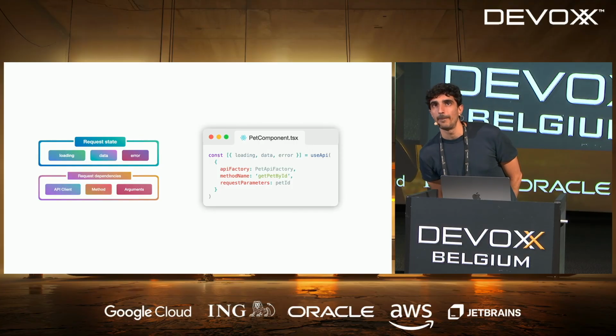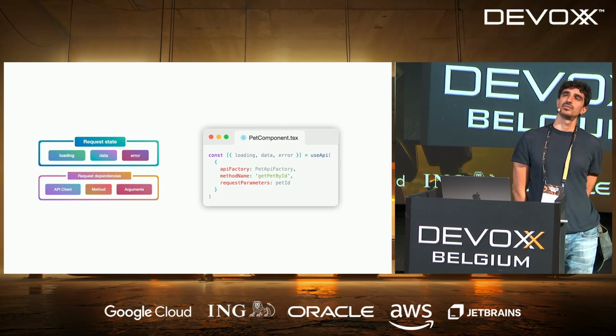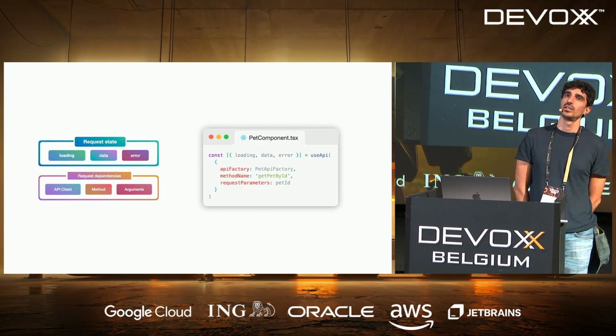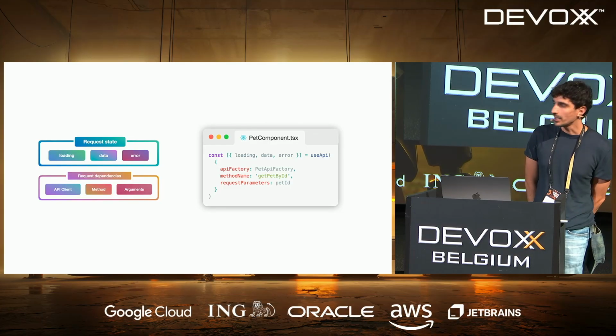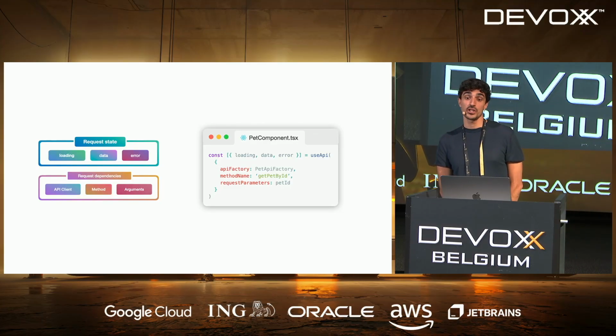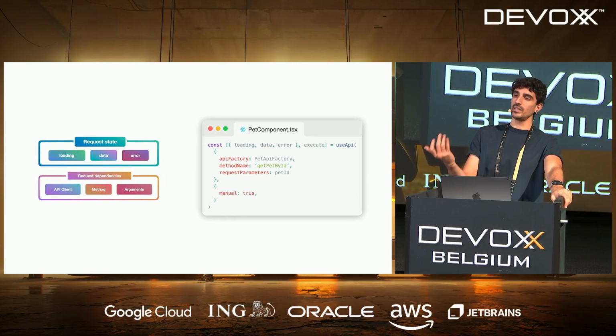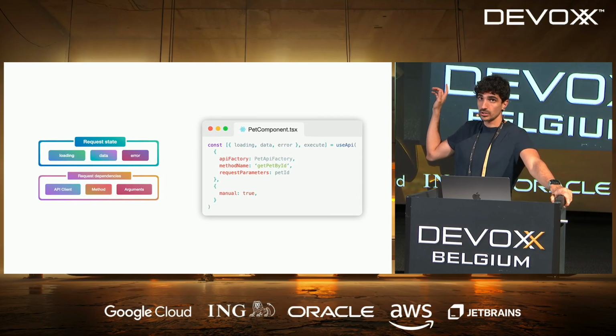Now, do you see any disadvantage in this approach? Well, I see one, which is the fact that at this stage, we don't have the possibility to fire subsequent requests, all right? So to basically mitigate this issue, we included an execute function that you can see there.